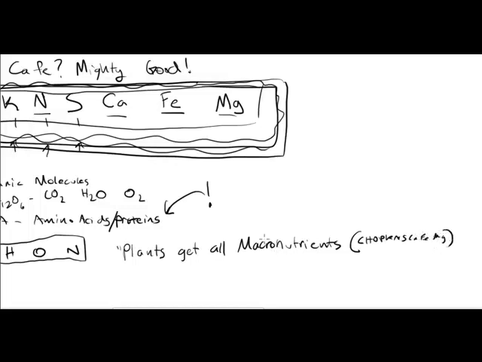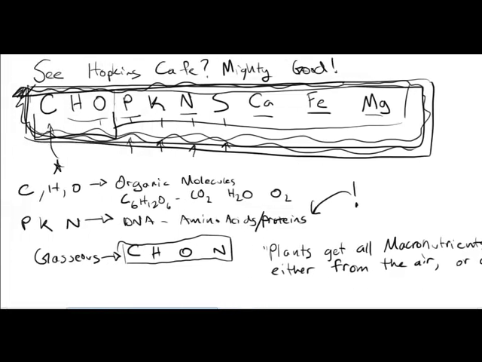All their macronutrients, either from the air or they're dissolved in water. And that is the beginning of our matter. We're going to talk about why it matters so much.